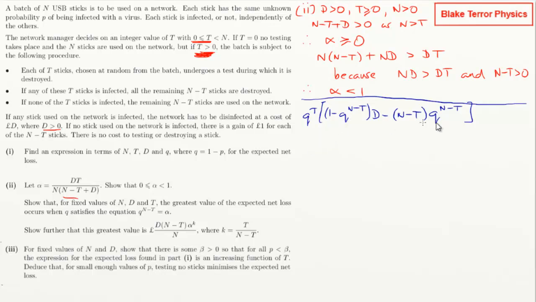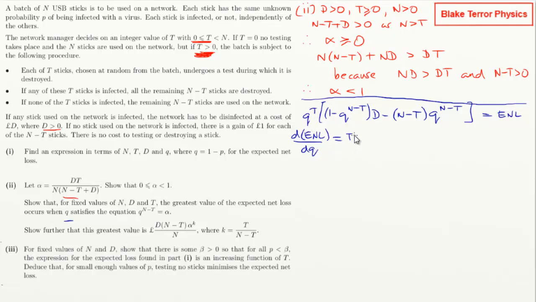So we need to differentiate this. So that's the expected net loss. What we're changing is q. We're fixing n, d, and t. So I want to do d expected net loss by dq. This is going to be better just doing this term by term, I think. So I've got q to the power of t times d.